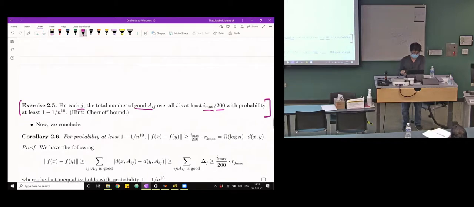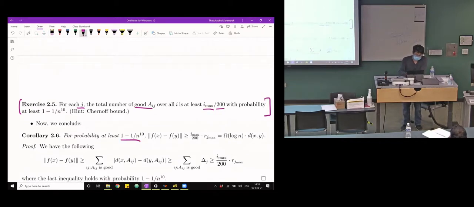That's why we have that with very good probability the L1 norm of this is at least something like a constant fraction, all the i over 200, times this R_j max.